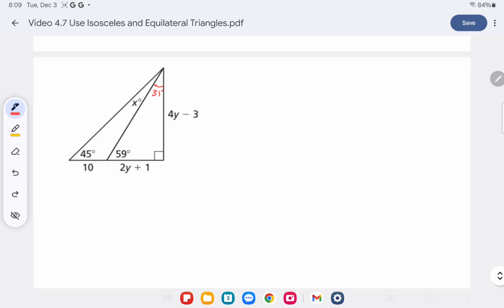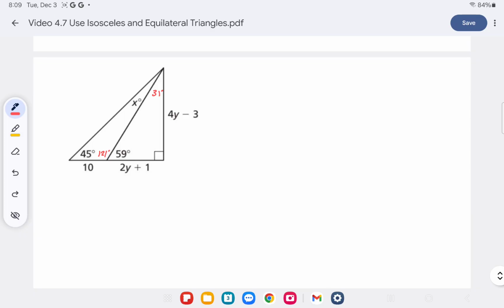I also know that next to this 59 degrees, because it makes a linear pair with the one right next to it, this angle right here is 121 degrees, because 121 plus 59 equals 180. So because that's a linear pair, we can label that angle also.